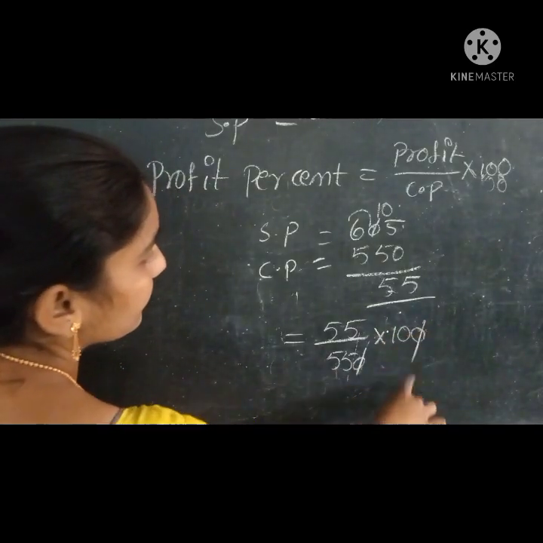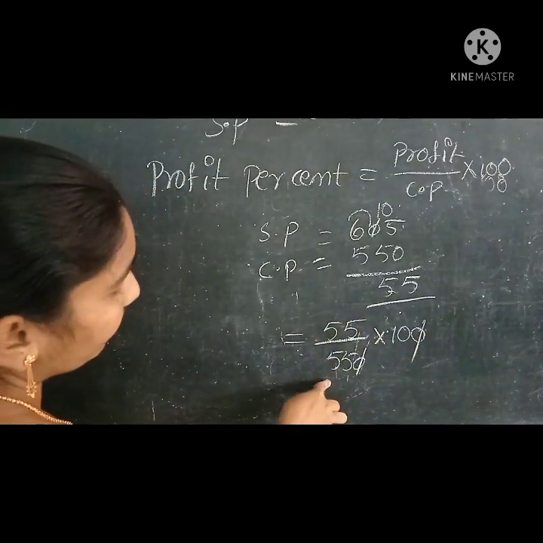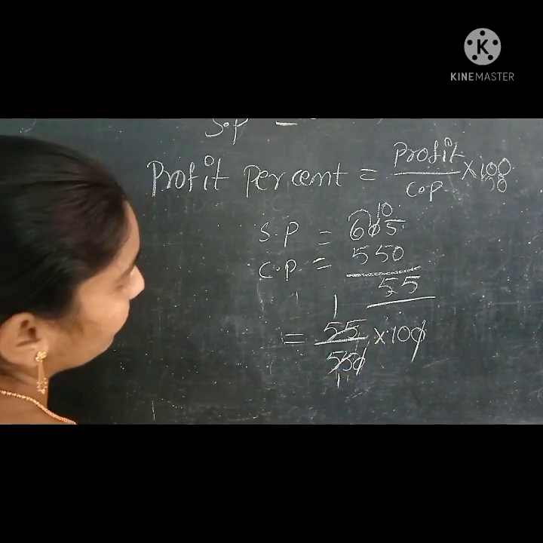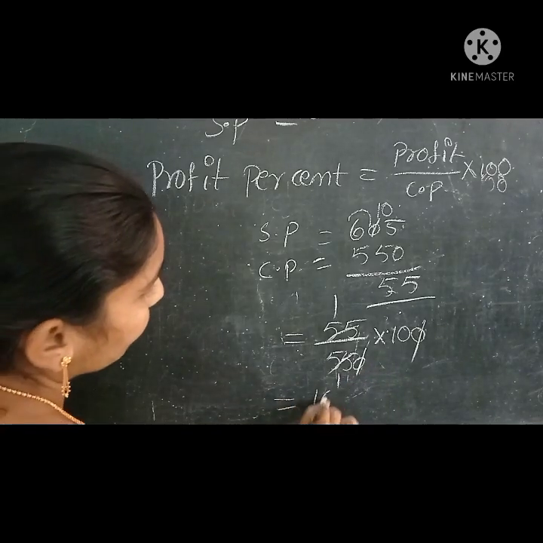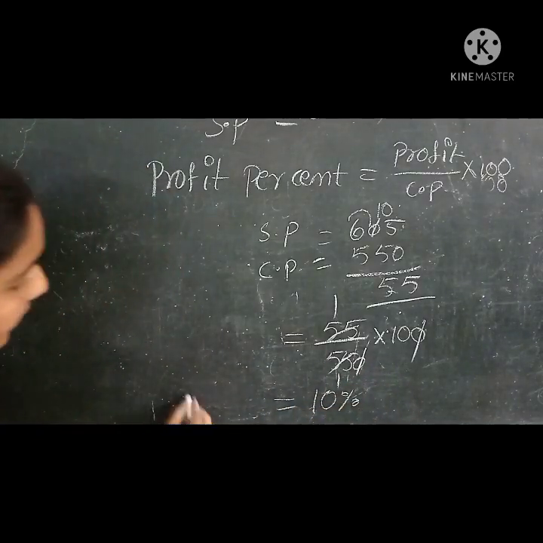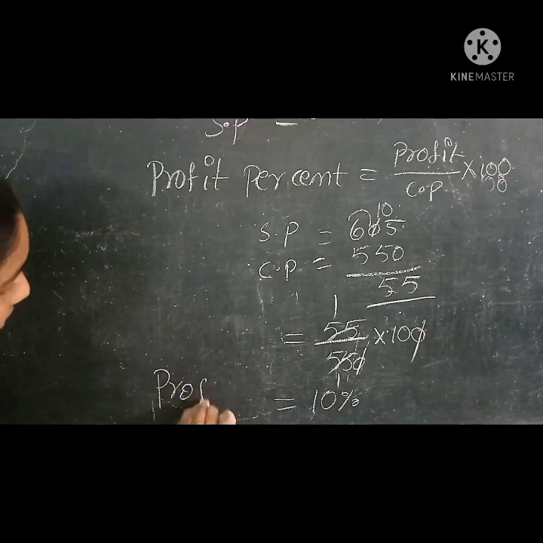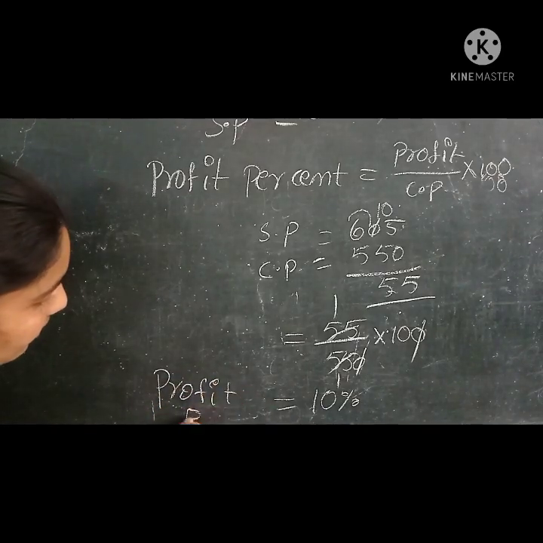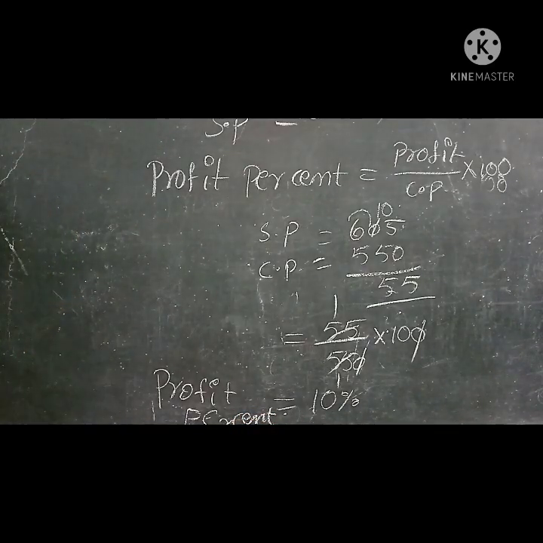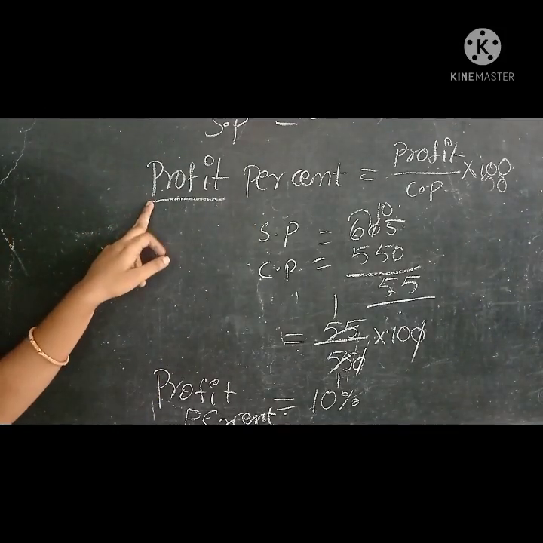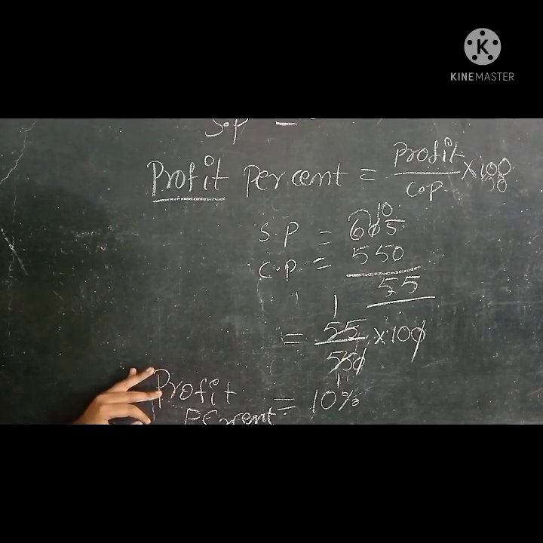So cancel 0 and 0. 55 ones are 55, ones are 1, into 10 is equal to 10. So profit percent is equal to 10%. Okay na? So in the second box also, write the profit in the profit or loss box, and in the profit or loss percent write the 10%.